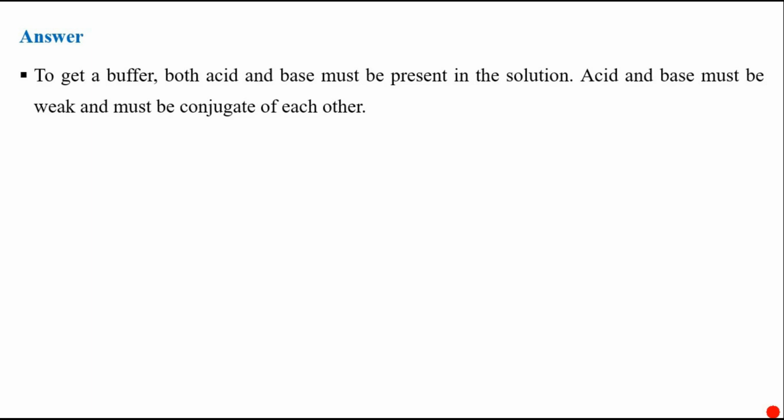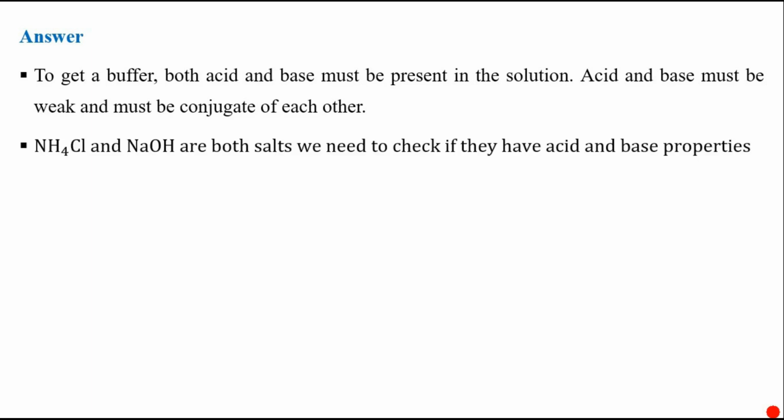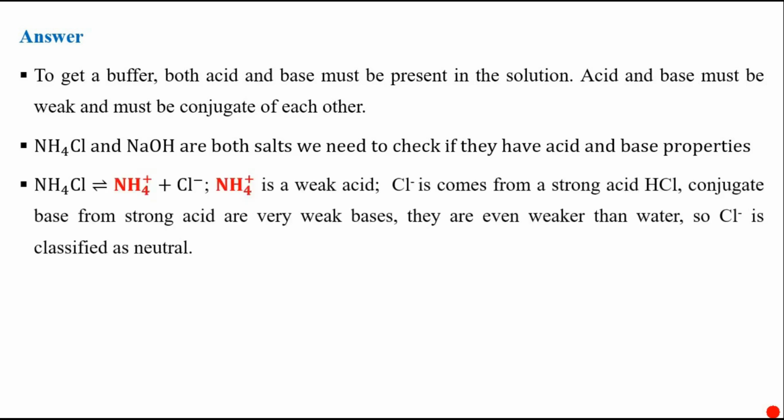So now let's check ammonium chloride and sodium hydroxide. Why do they form a buffer, while ammonia and sodium hydroxide don't? What do we have in ammonium chloride? You have the ammonium ion, because the chloride is very weak and does not participate in equilibrium.